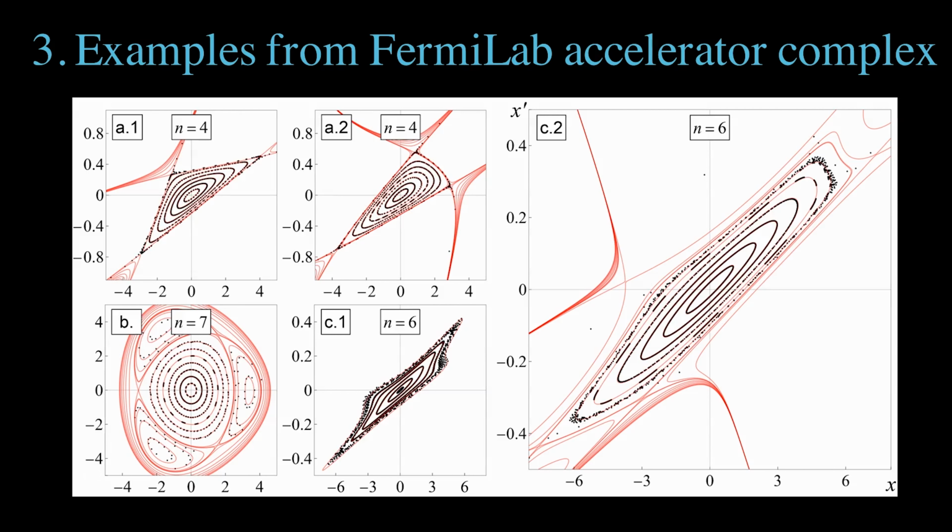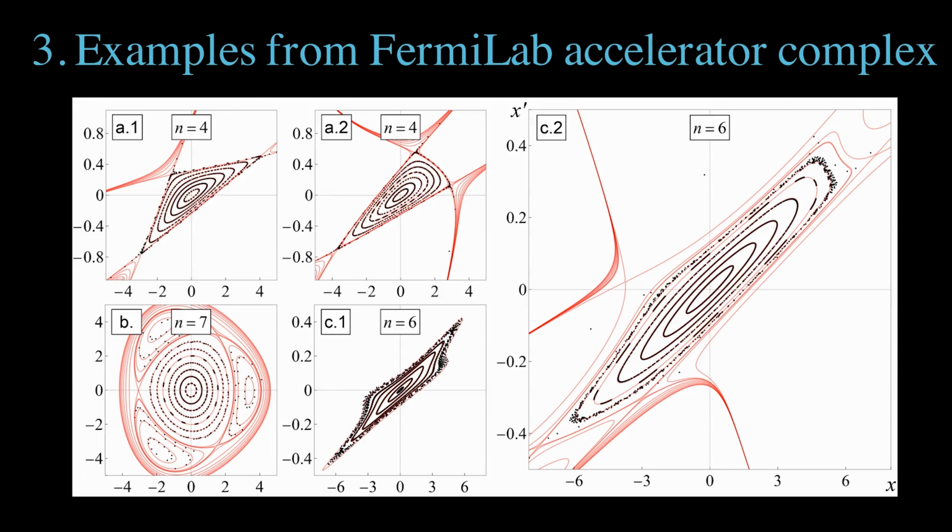The Integrable Optics Test Accelerator, also known as IOTA ring, panel B, and the Main Injector ring, panels C1 and C2. In each case, we use the full machine map, including all nonlinear thin or thick elements derived from a lattice file describing magnet locations and strength, just as in each standard accelerator simulation code.